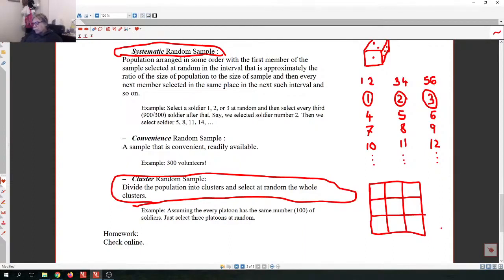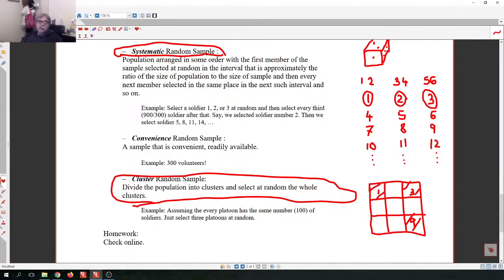So instead of going any other way, I would just simply get numbers from 1 to 9, put them in a hat, and just draw 3. And I might get, say, 1, 2, 3, and I say, okay, these guys are going on a mission, and the others would not.